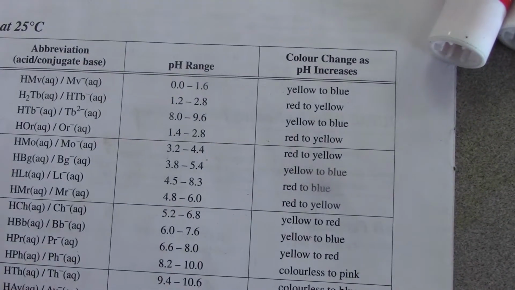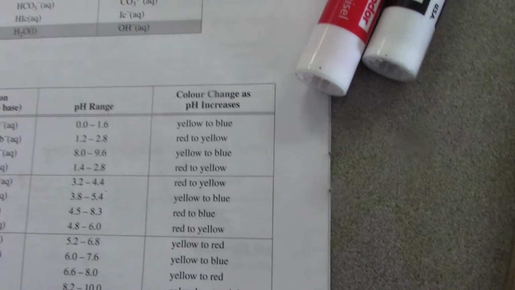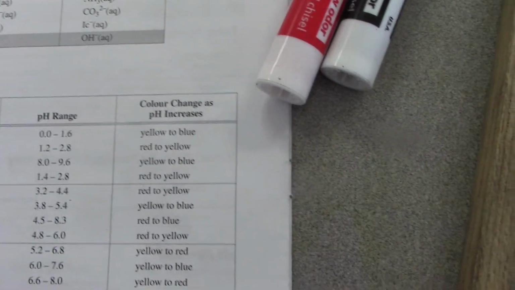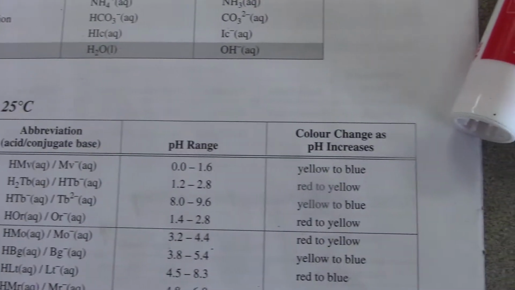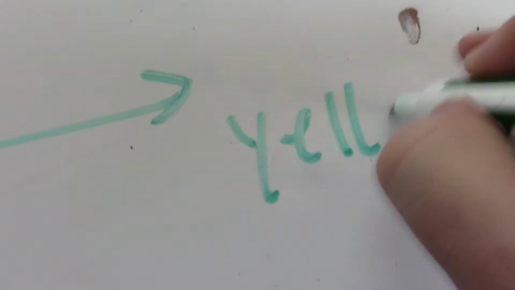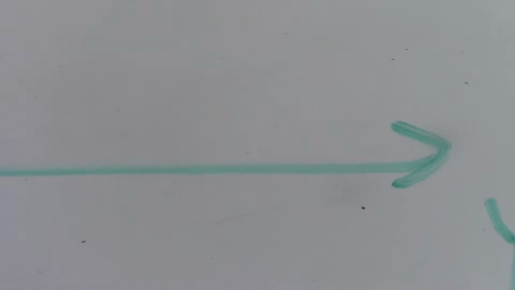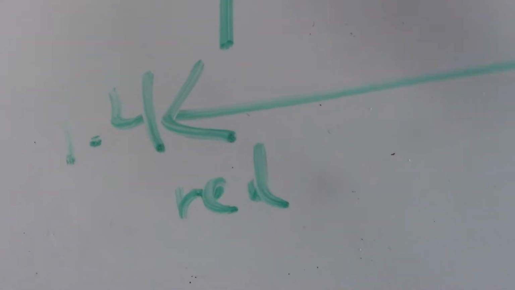Okay, so I know from 1.4 to 2.8, this is red to yellow, and this is 2.8. So this is going to be about 2.